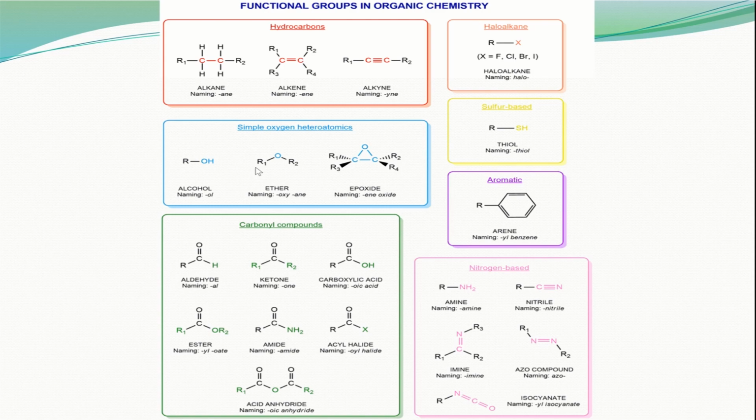And so this is the naming scheme for organic chemistry in a little graphic. The basic building blocks of each of these is shown in the color that you see there. And then what makes them unique are these functional groups, which are represented by R. So you can kind of see what those functional groups look like. And so they can give you kind of the basic shape there.